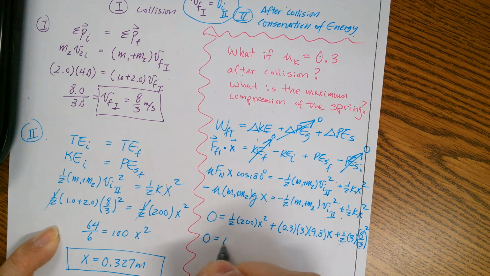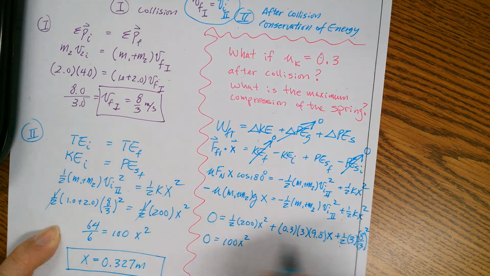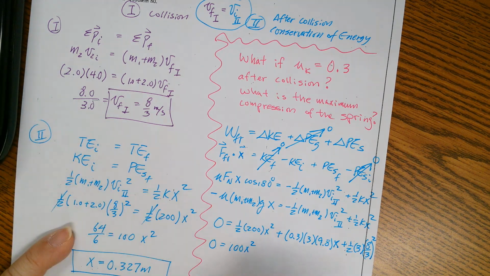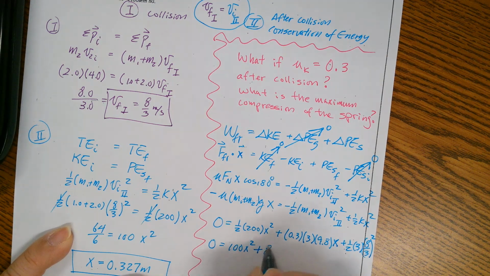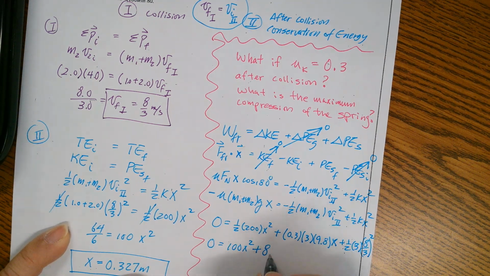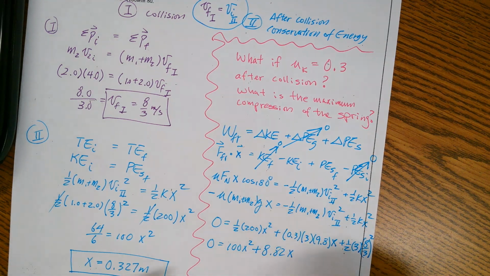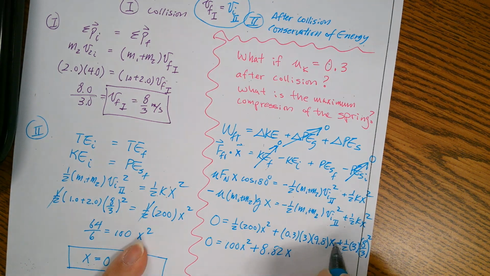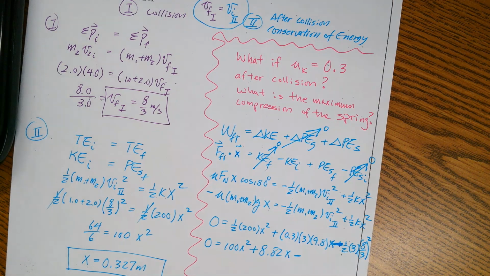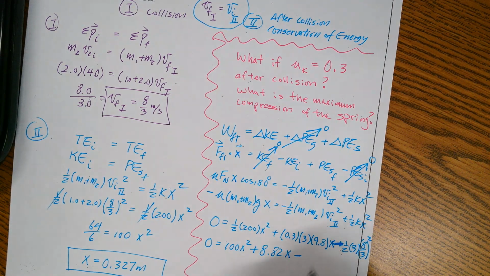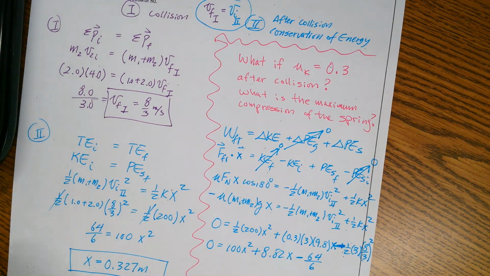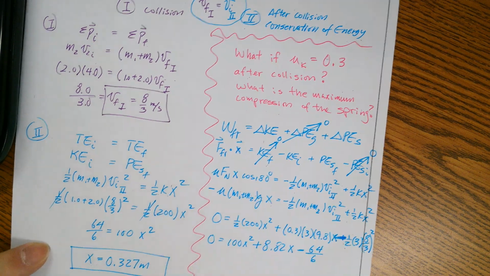So 0 is equal to 100x squared plus 0.3 times 9.8 times 3, which is 8.82x, minus, oh, sorry, this should be minus, 64 over 6, equal to 0.